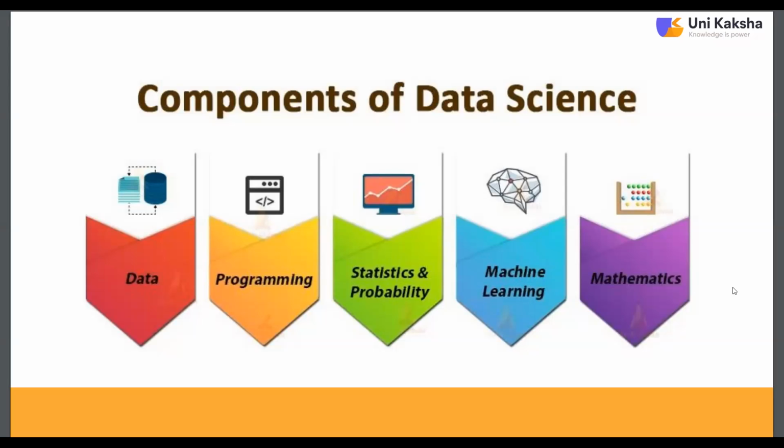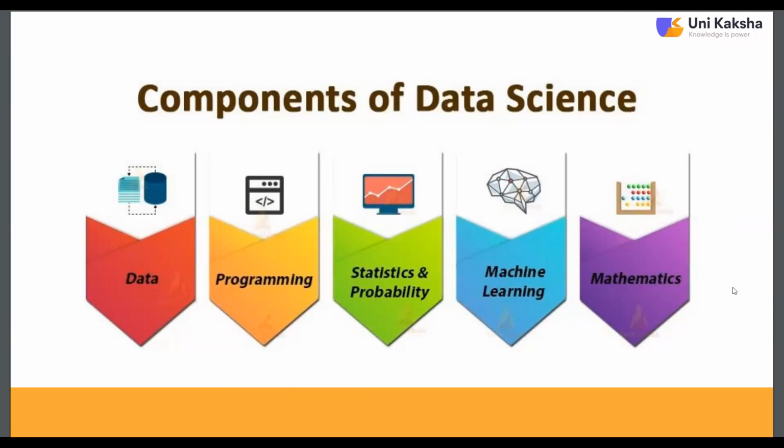Then we have statistics and probability, that is also a part of data science, because we need to calculate some statistical parameters like mean, mode, median, as well as the harmonic mean, mean square error, root mean square error. To find out the accuracy and sensitivity, we have different concepts like the confusion matrix, as well as other statistical parameters.